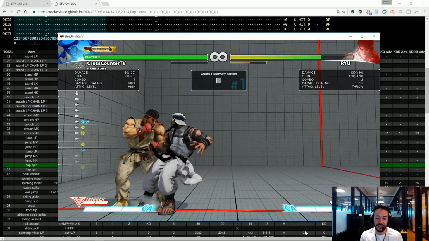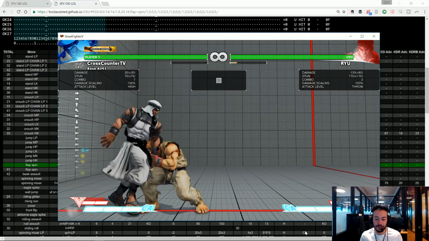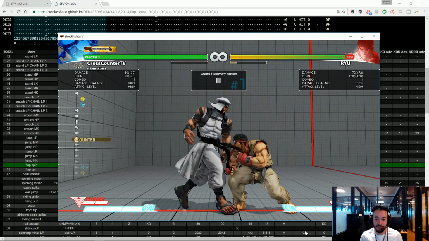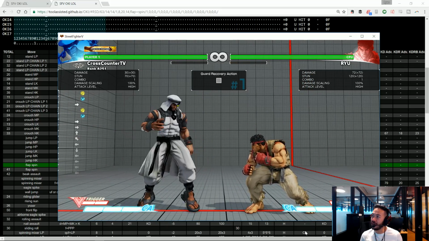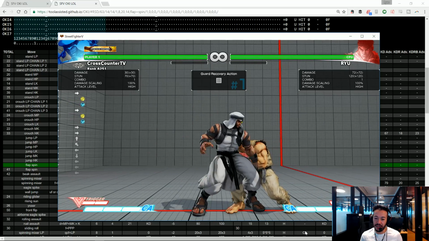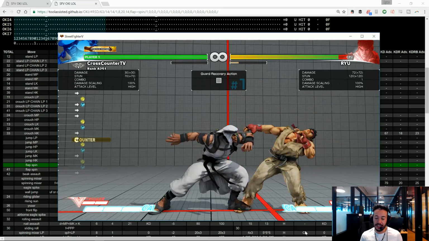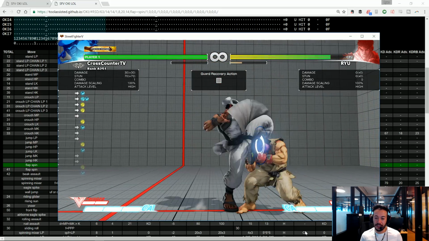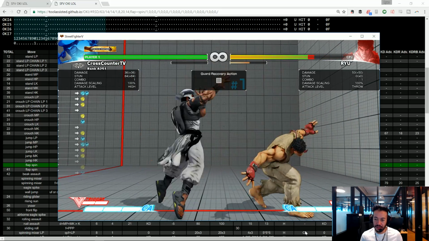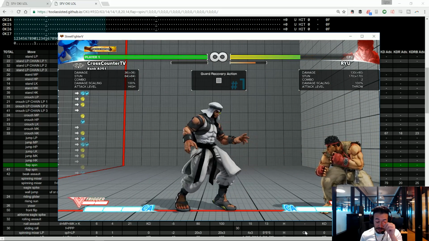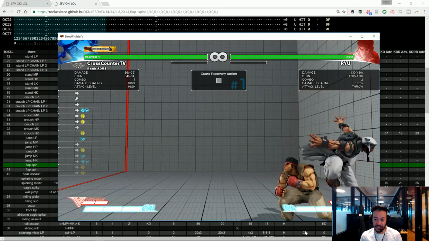Actually, here we can set him to crouch, because generally, with the exception of maybe Chun-Li, when characters are crouching, their hitbox is wider. So that means we could go for the throw if they were crouching and it might hit.